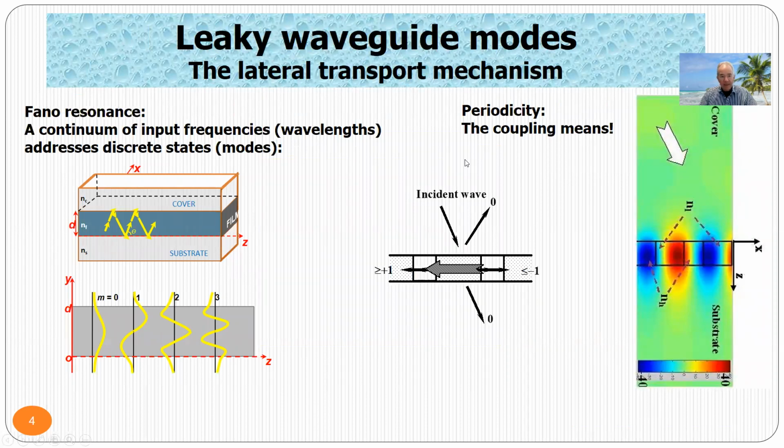The leaky waveguide modes that are induced on these periodic structures constitute the lateral transport mechanism. The resonance effect implies a continuum of input frequencies or wavelengths that address discrete states, which are modes in this case.